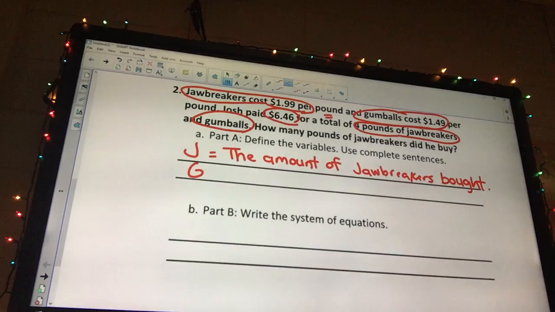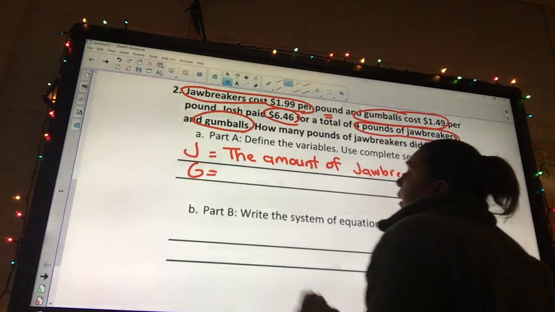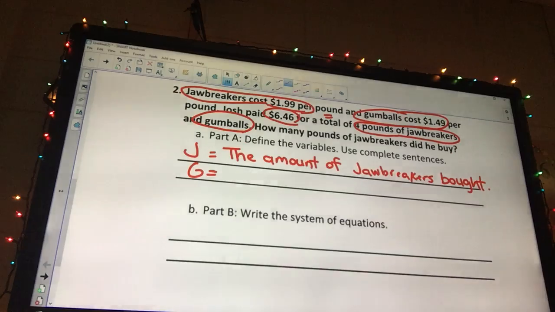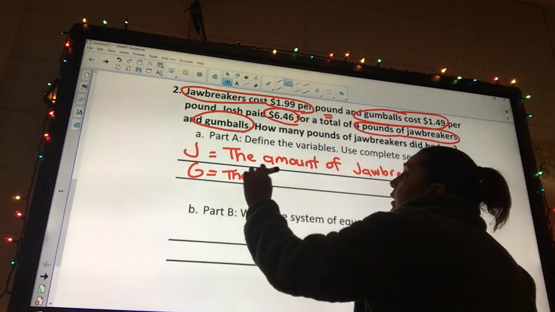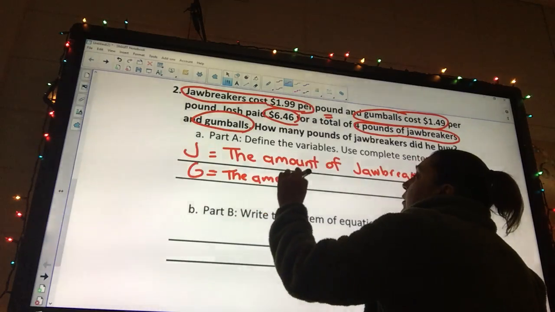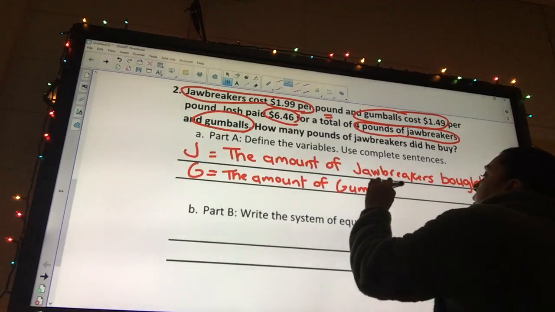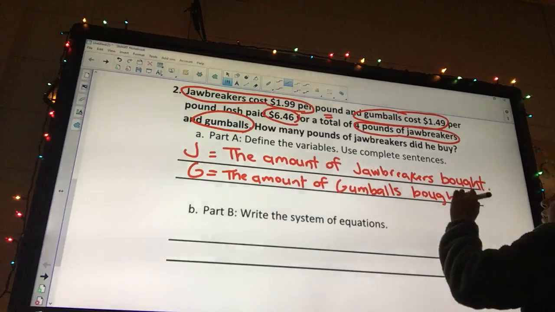On these ones, you have to, okay? And then gumballs is going to be something equivalent. So the amount of Jawbreakers bought. You could say the amount of gumballs bought, or you could say the amount of gumballs purchased. Any of these things work, okay? Unless you just want to keep the whole total same sentence, you can. Okay, so the amount of gumballs bought.